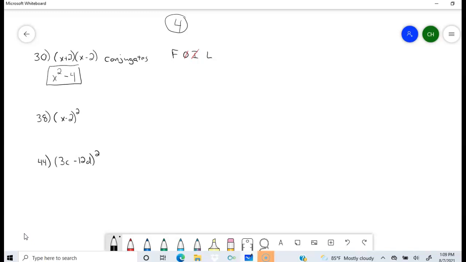So whenever I FOIL, I would have gotten first times first is x squared. Outer times outer, x times negative 2 is minus 2x. Inner times inner is plus 2x.